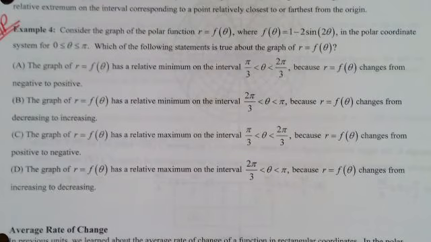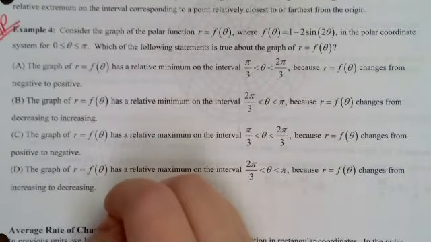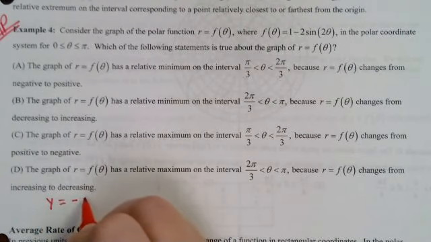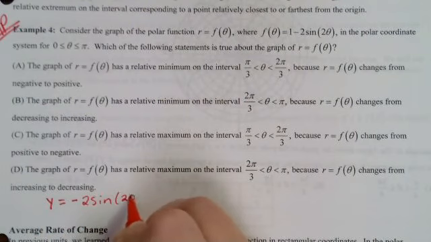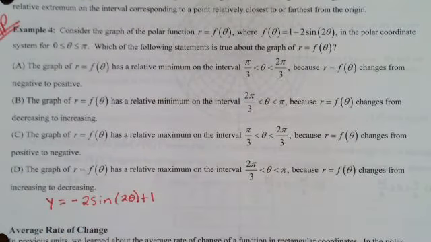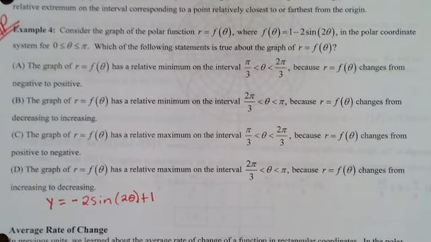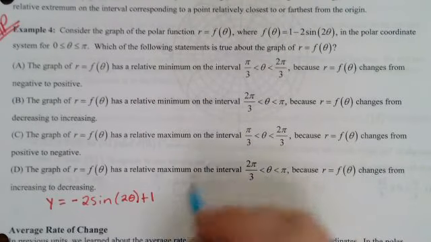So what I'm going to do is make a little sketch of the graph. We're going to put it as y equals negative 2 sine of 2 theta plus 1. Now this will affect the period because you see a value that's multiplied in here with that theta. So you've got to watch out for that, okay?